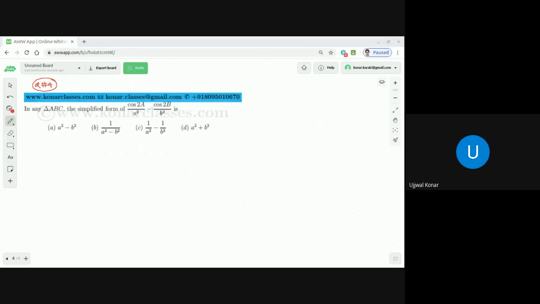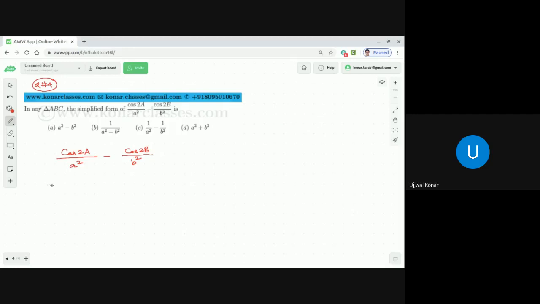So how can we simplify the entire thing so that it falls into the formula we are aware of? So what is the expression given here, dear students? Cos 2A by a square minus cos 2B by b square.